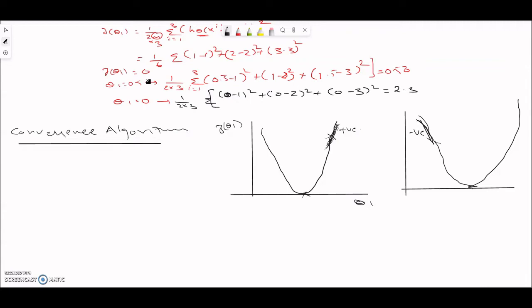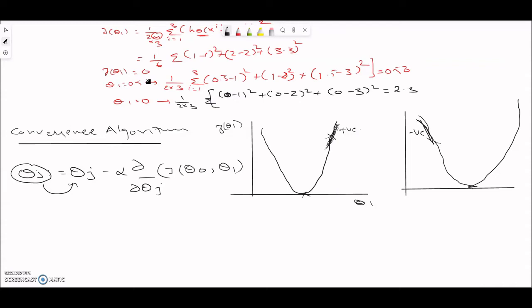For that, we have a formula: theta j is assigned theta j minus alpha into the partial derivative of J of theta naught, theta 1. I write the equation like this because theta j is the value we want to converge from point to point.